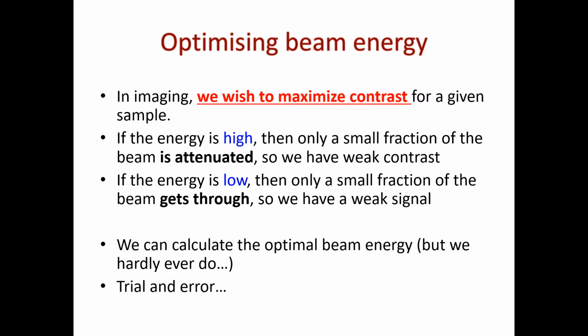And then what we also know is that for low energies and high energies, we're going to have different interaction with the material, and different effects are important. So there's an optimum beam energy for every different material. And that's the difficult part because materials are not all the same. So there's a whole lot of trial and error.